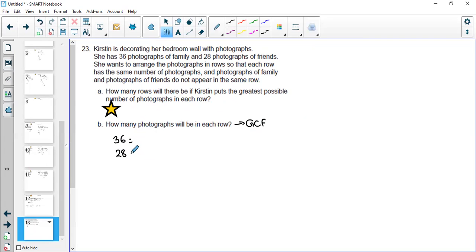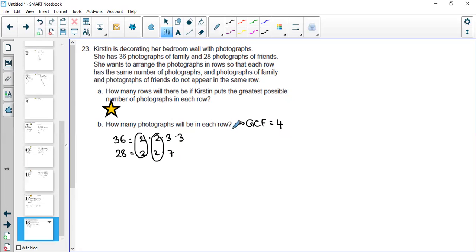This is going to be 2 multiplied by 2, 4, 4, 3 multiplied by 3. For 28, it's going to be 2 multiplied by 2 multiplied by 7. Okay, so the GCF is going to be 4.